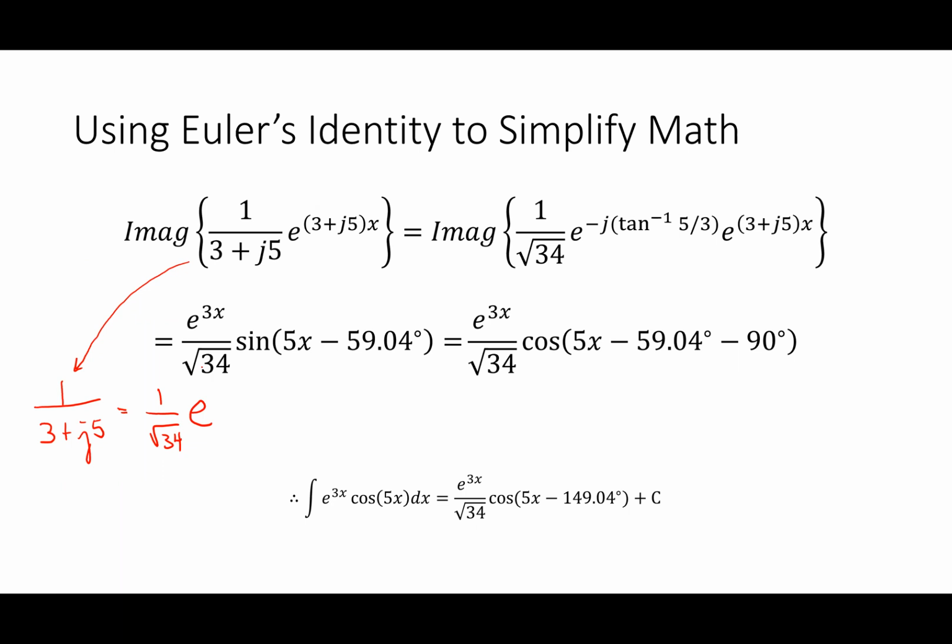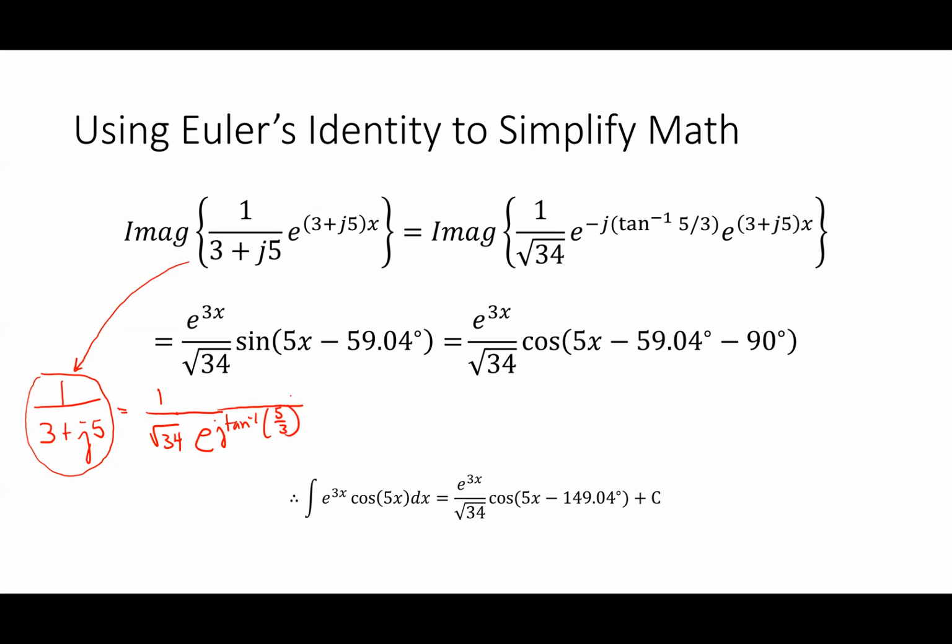And then I say this guy has an angle of what? What would be the angle of this as a complex number? How would I get that? Tangent 5 over 3, so arctan of 5 over 3 is the angle of the number on the bottom. So I'll do this maybe slowly here. I can write this guy as this, tan inverse of 5 over 3, like that.